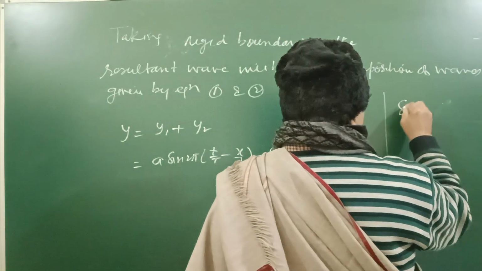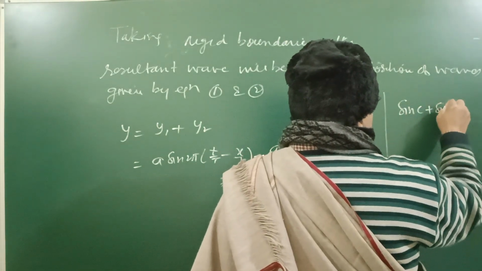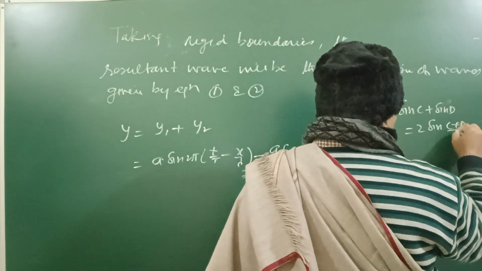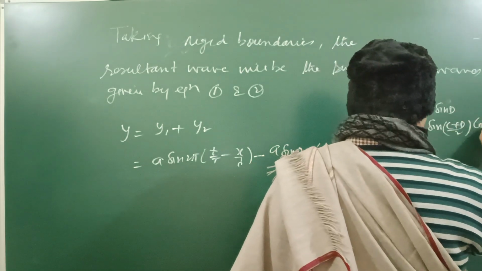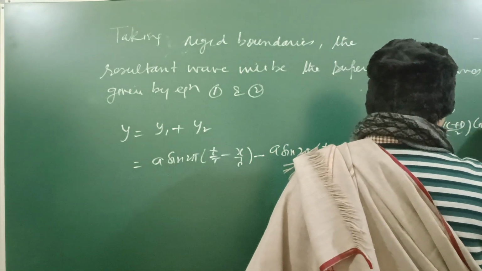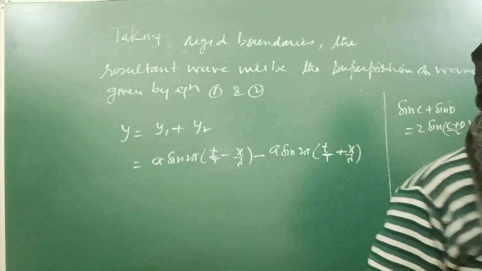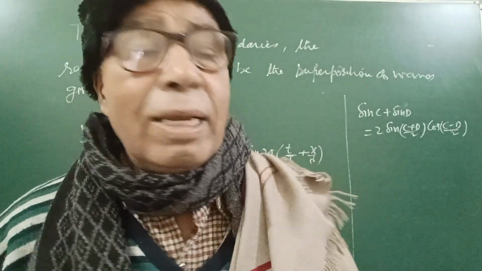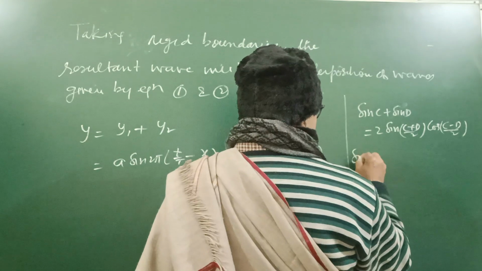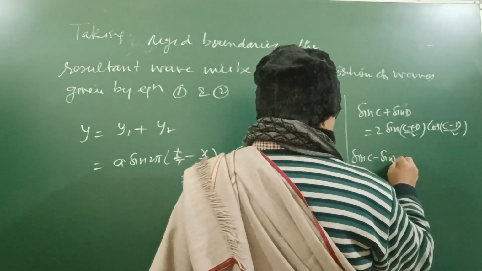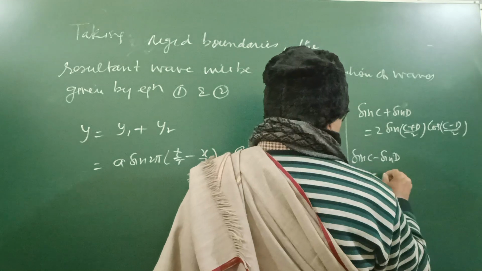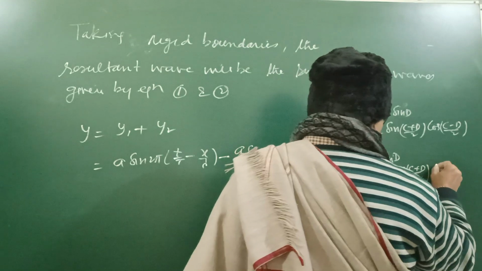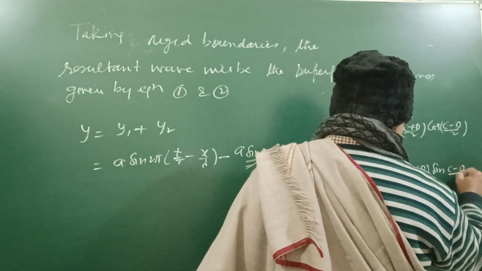We know here sine C plus sine D is equal to 2 sine of (C plus D) by 2 cos of (C minus D) by 2. This is the mathematical formula of trigonometry; I have told you many times. Similarly, sine C minus sine D is equal to 2 cos of (C plus D) by 2 sine of (C minus D) by 2.